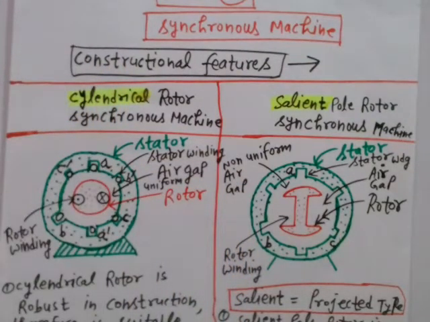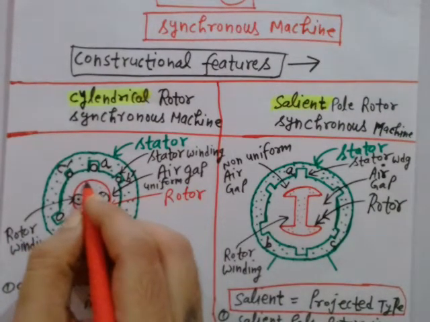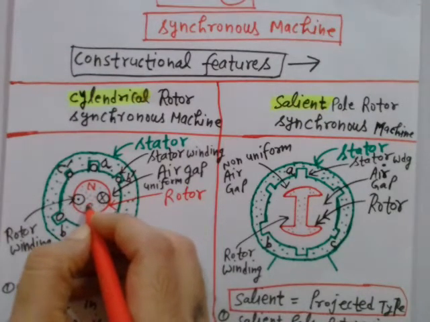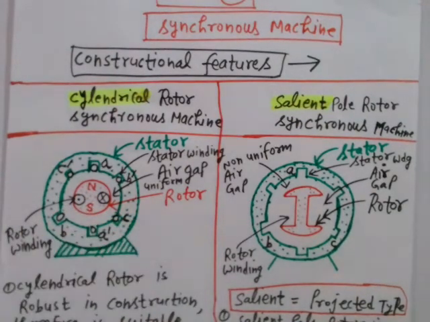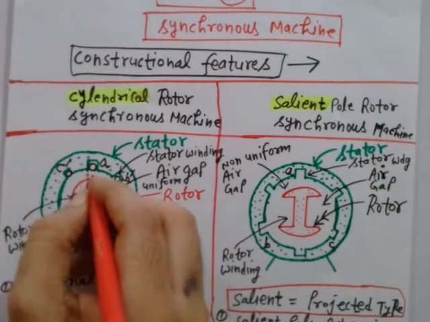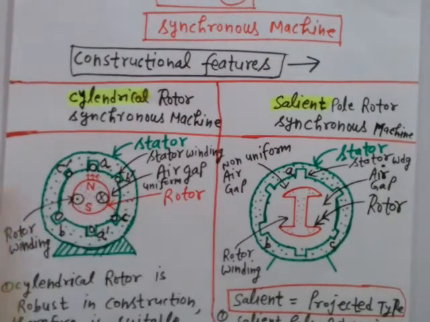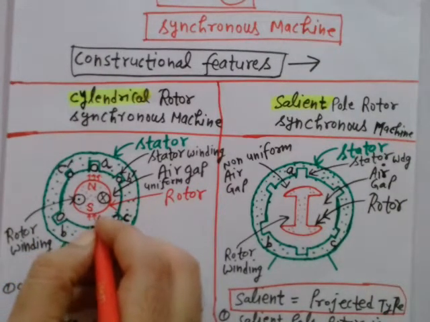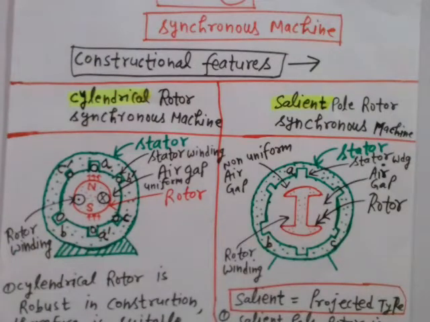So this particular pole that is formed on the rotor is north, and the opposite one will be south. Now from this north, the field lines will come out like this, and the field lines will enter into this south, like this.